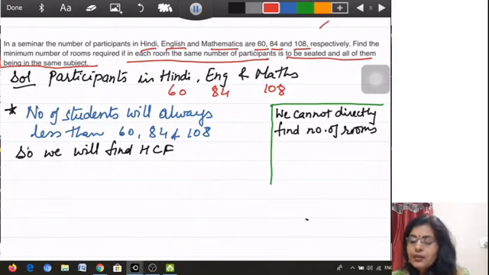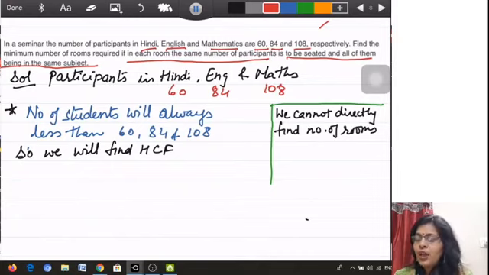And what are they asking us? They are asking for the minimum number of rooms. If the question gives the number of participants, we cannot directly find the number of rooms. That's one thing we have to make clear. First of all, we have to think about the number of participants.